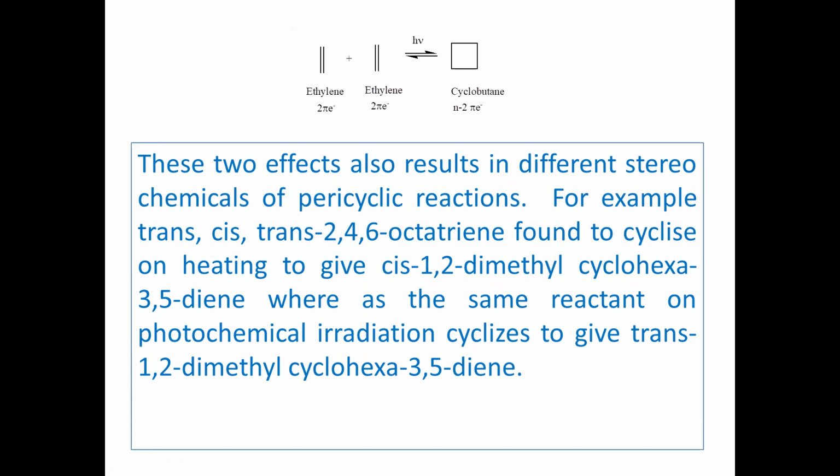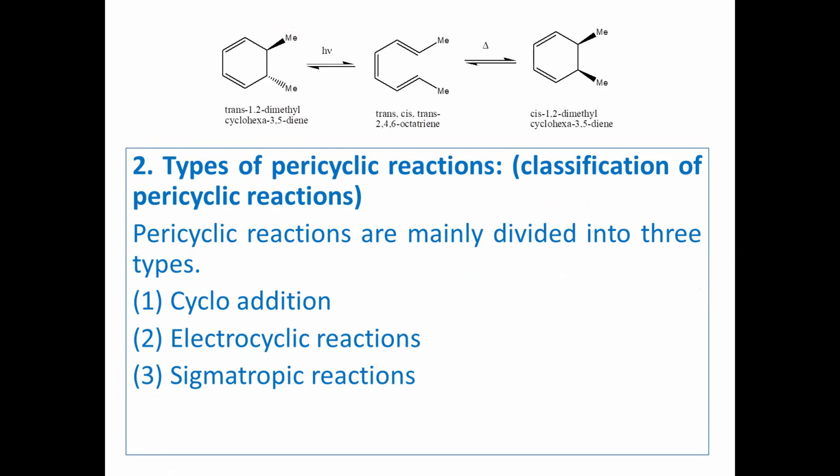Under thermal conditions this reaction gives a cis product, and under photochemical conditions, it gives a trans product. Here, this is trans-cis-trans 2,4,6-octatriene. The geometry of the double bonds is trans, cis, trans.